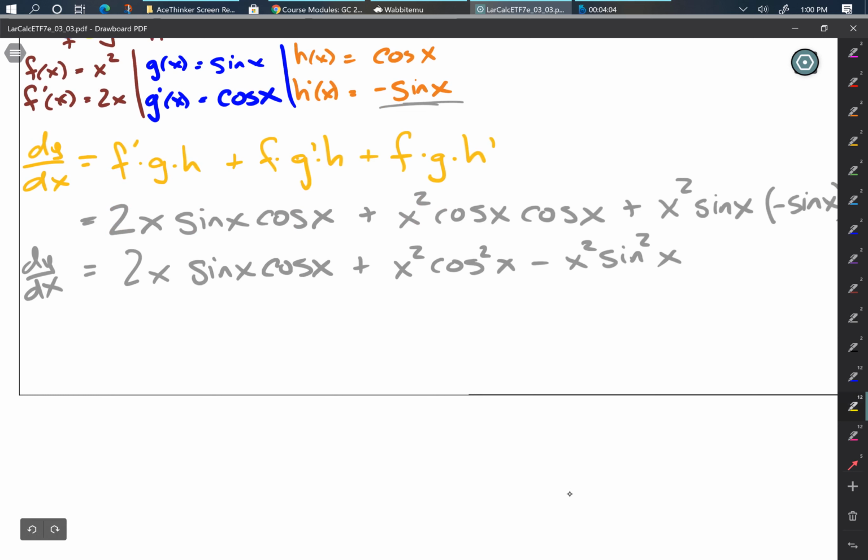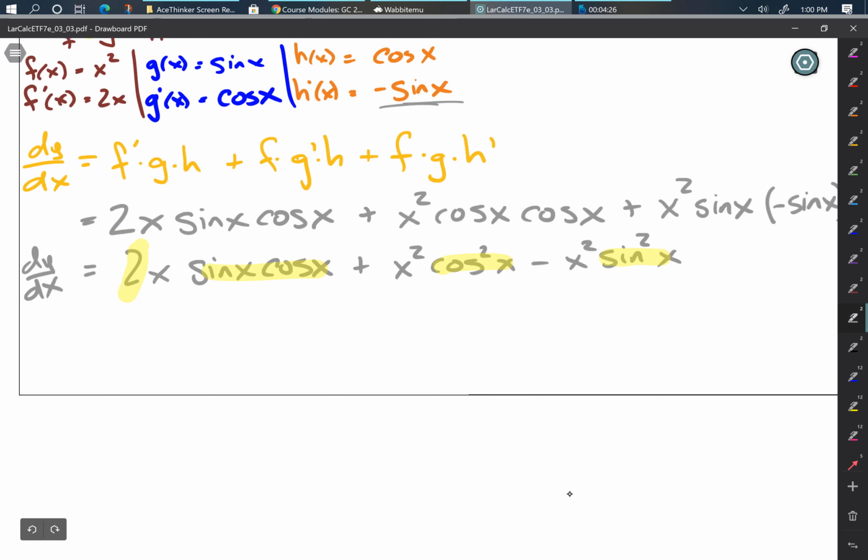Isn't 2 sine cosine like a double angle formula? And isn't cosine squared minus sine squared a double angle formula? I think they are. So I could probably simplify this further, but I'm not going to. But just so you know, it is trig, so there's probably a way to make this go further.